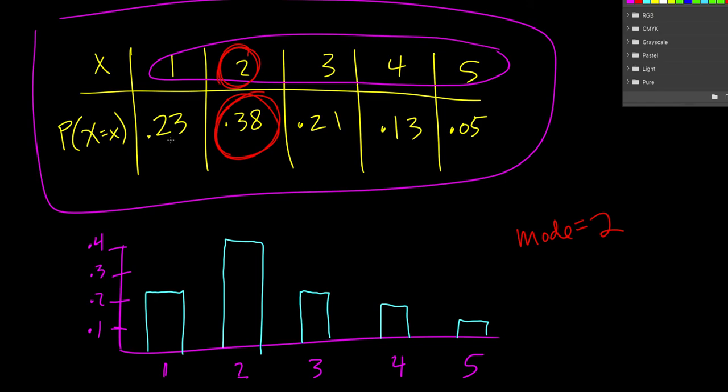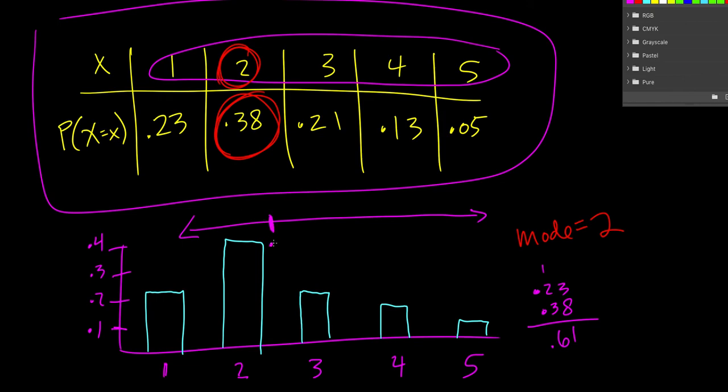So if we do 23 plus 38, because remember the median is right in the middle, is what we're looking at. Okay, so that gets us to 61.